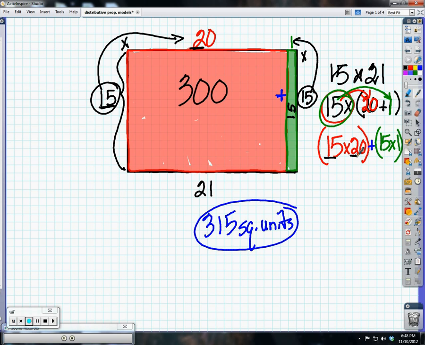So 15 times 2, let's leave that in red, 15 times 2 was 30, with adding 1 0 at the end, using our patterns of 0 in order to multiply. And then over here, 15 times 1, of course, is 15. So then we add the two together. 300 plus 15 would give us 315 units in the shape of squares, or square units.